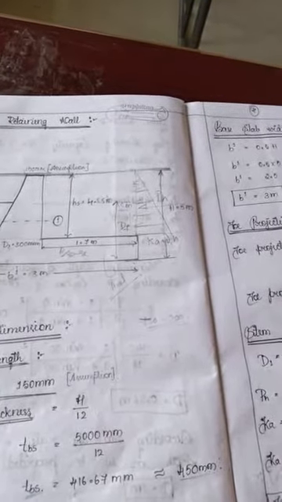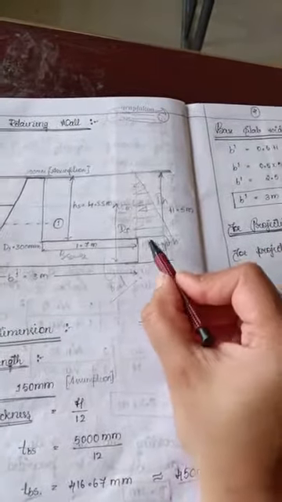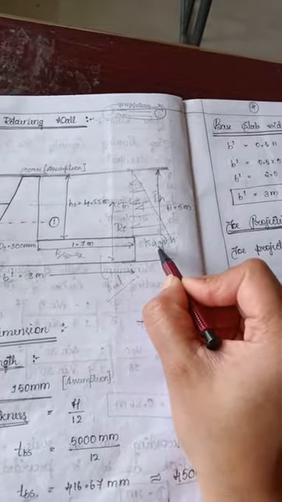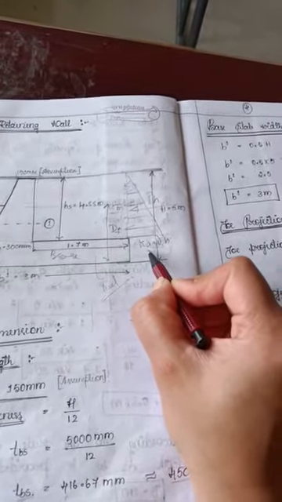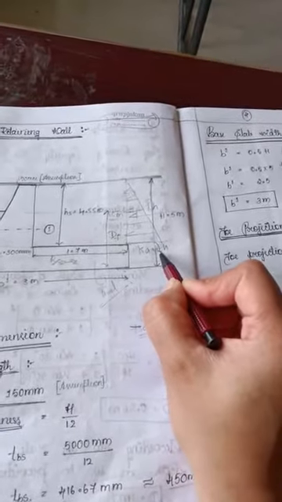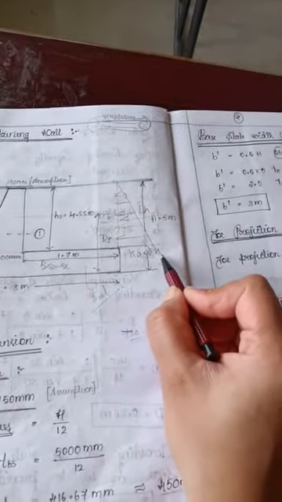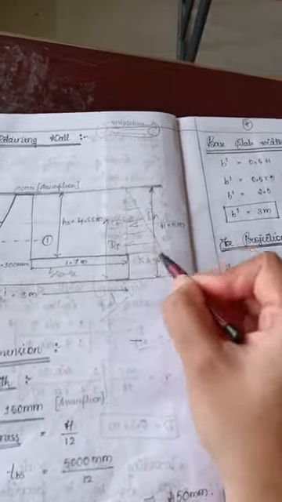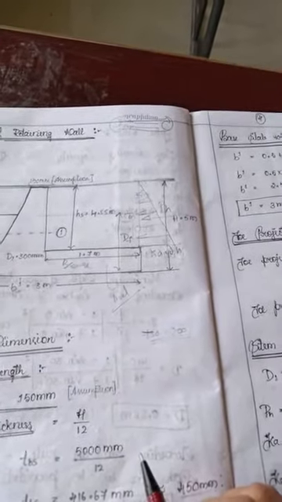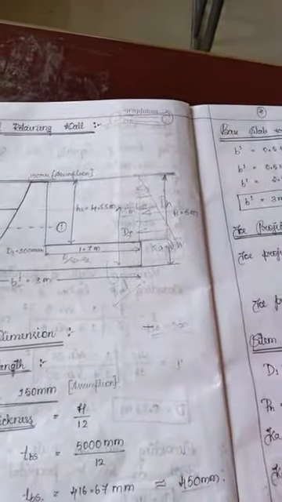First we find the base of the triangle using Ka, the coefficient of active earth pressure, times the density of the earth, times the height of the stem. Then we take the area of the triangle. Ka into gamma into h is the base of the triangle.